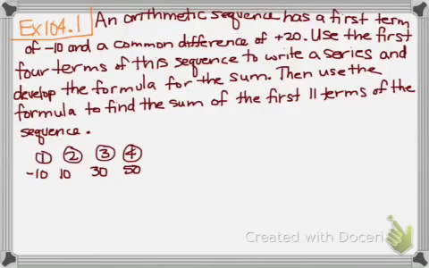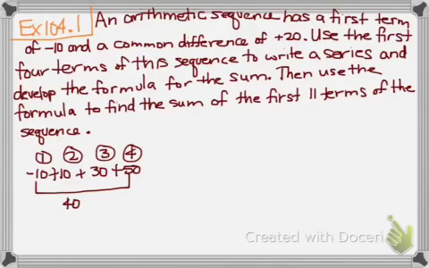We've got 4, because it says use the first 4 terms of the sequence to write a series and develop the formula. So here's our sequence, and the series is going to have the plus signs in between, which I didn't have here. So we just need plus signs in between to get that series.